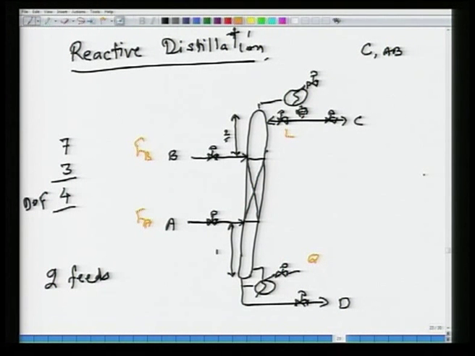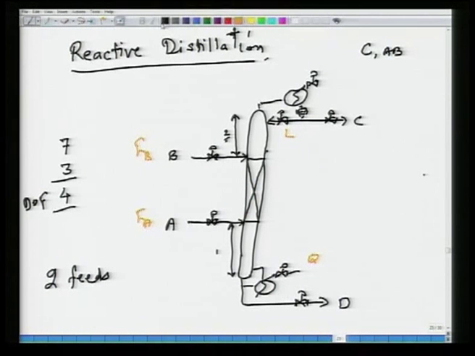On the other hand, if I looked at the conventional process, which unfortunately I have erased, it also had 2 fresh feeds, it had a reactor and it had 3 columns. And since all of those 3 columns are ordinary columns, in terms of degrees of freedom, let us forget about how many valves. You got 3 columns, so that gives you 6 degrees of freedom for the 3 columns.